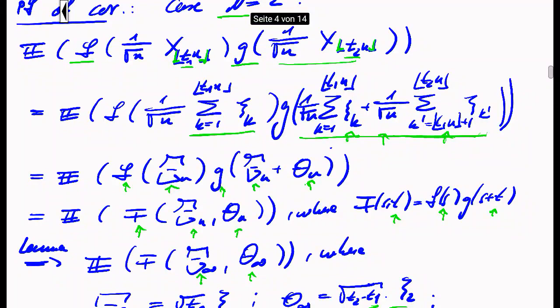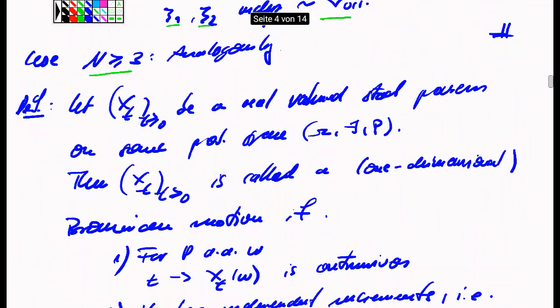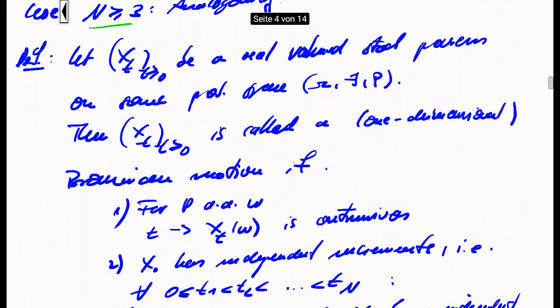And that's now exactly our basis for the axiomatic definition of Brownian motion, which will be a process which is continuous in time. So it's a stochastic process which has the full non-negative real line as time parameter.